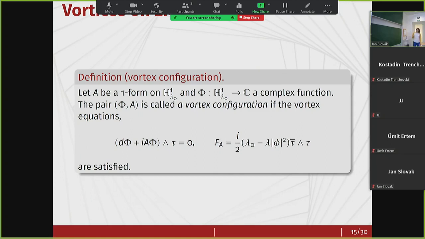So A is a one-form on the Lie group, and phi is a map, a complex-valued function on the Lie group. Then the pair is going to be baptized as a vortex configuration if these equations are satisfied.